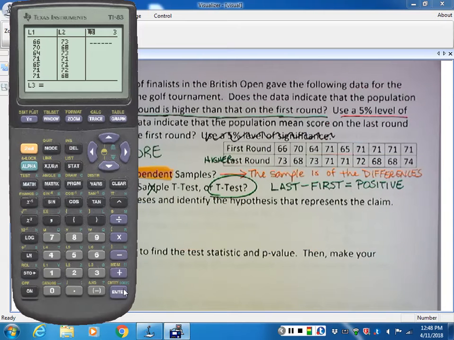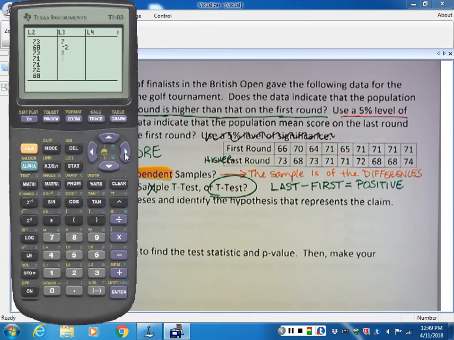So this is how you find the actual differences. Rather than do what I'm about to do, you could have sat there and said 73 minus 66 and entered the difference, and 68 minus 70 and entered the difference. That would have worked. But another way to do it is to go in here and, instead of calculating those individual differences, tell it to subtract list 2 minus list 1, and it'll do all the differences for you.